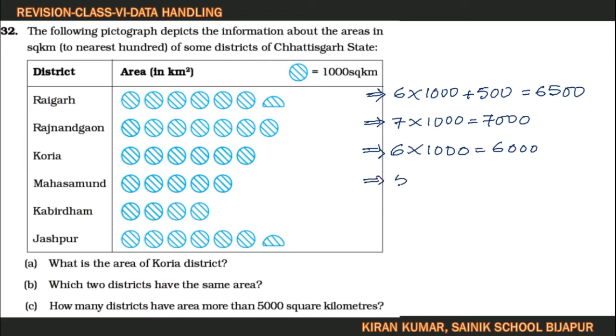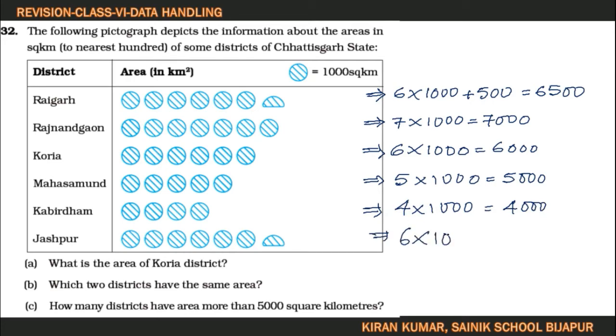For the next one, we have 5 full, so 5 times 1000, which is 5000 square kilometer. For the next one, we have got 4 full, 4 times 1000, which is 4000 square meter. For the next, we have 6 full and 1 half, so it is 6500.